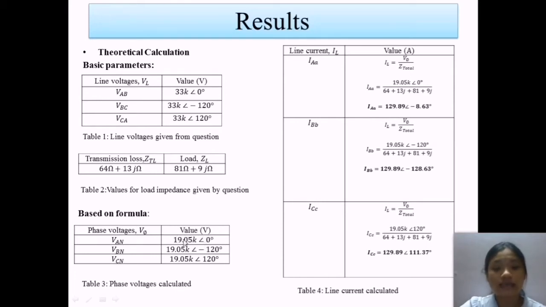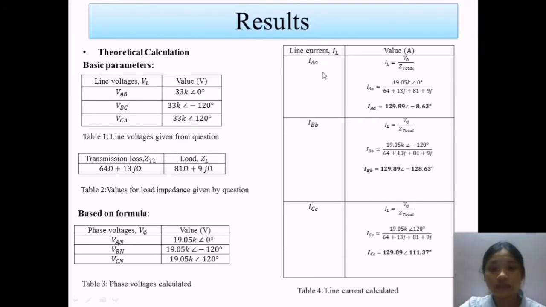So VAN is 19.05 kV angle 0, VBN is 19.05 kV angle of negative 120, and VCN is 19.05 kV angle of 120. This is our Table 3, the calculated phase voltages.